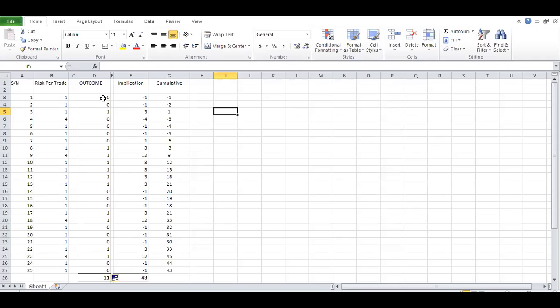So this Excel sheet gives us random outcomes, very, very random for that matter. If I'm risking 1% per trade, if I lose the trade, I will be losing 1%. If I win the trade, I'll be winning 3%.